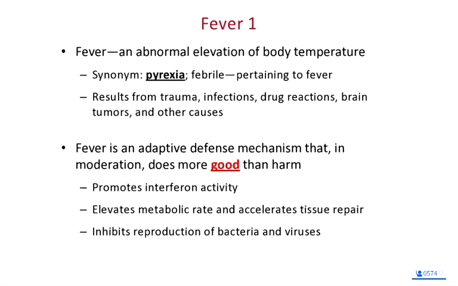The bad thing is when the fever accelerates too much and we have too much of an elevation of our body temperature. So the baseline for our human body temperature is about 37 degrees Celsius. That's an average baseline. There's a little bit of fluctuation, either a half a degree up or down, depending on the individual's baseline.